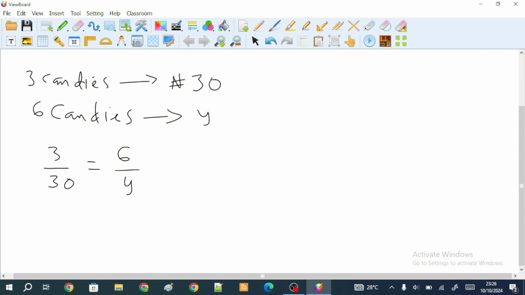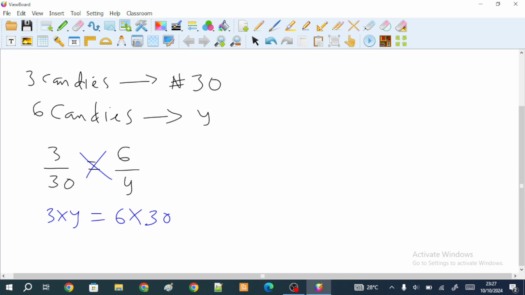So what we're going to do right now is what we call cross multiply. So the number at the top left will multiply the number at the bottom right. Number at the top right will multiply the number at the bottom left. So we're going to multiply 3 by Y. 3 times Y is equal to, we're going to multiply 6 by 30. 6 times 30.